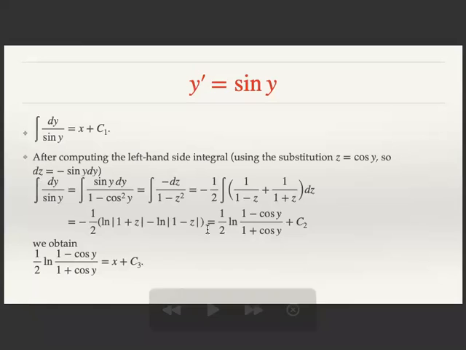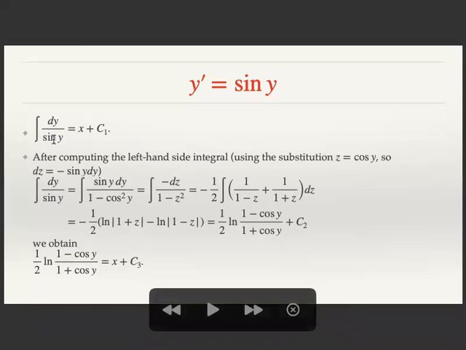And then we need to compute the integral of dy over sine of y here. After a complicated computation, we get a complicated answer. So it is 1/2 natural log of 1 minus cosine y over 1 plus cosine y plus c2. So 1/2 natural log of 1 minus cosine y over 1 plus cosine y is equal to x plus a constant, which is the difference of c1 minus c2.